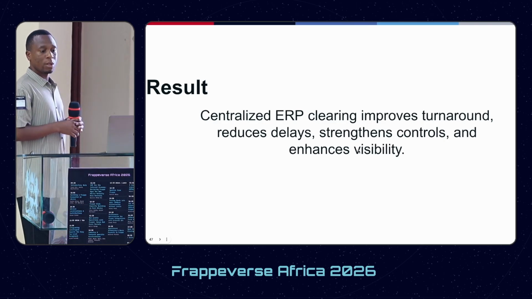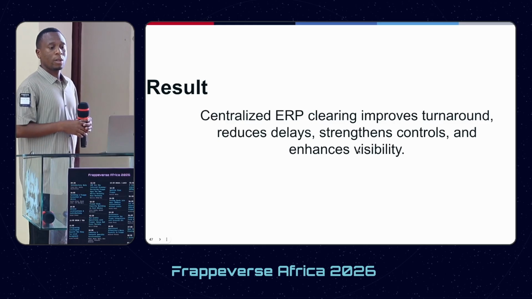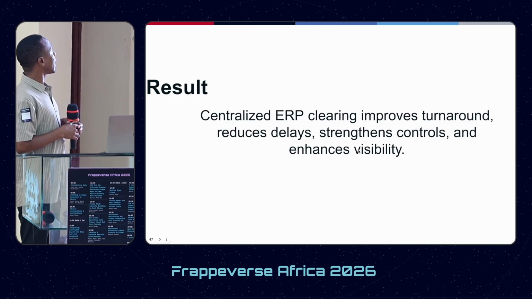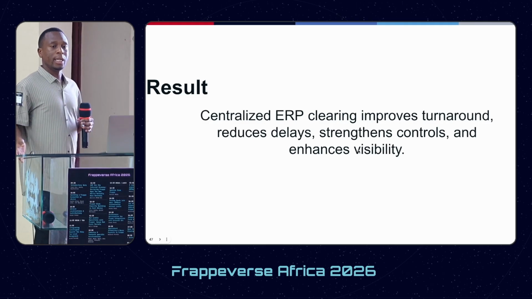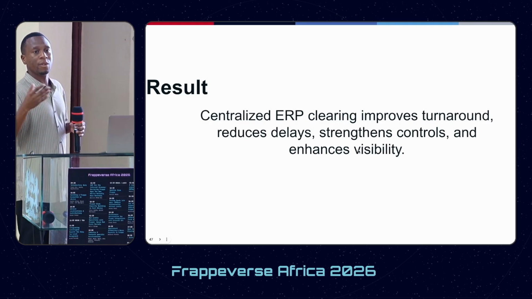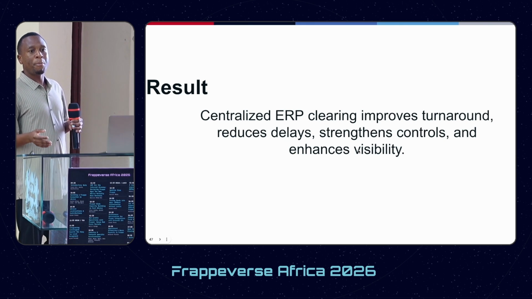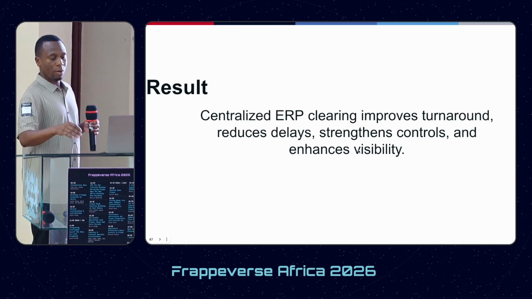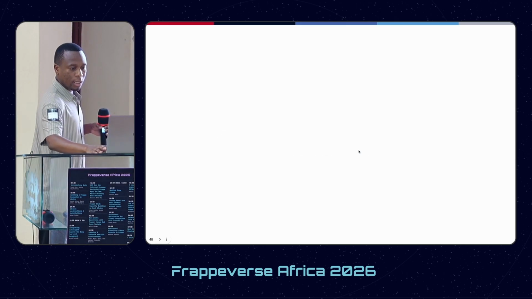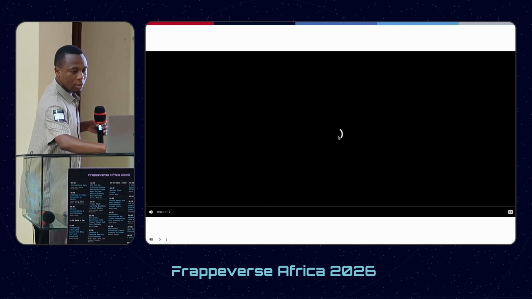Therefore, the clearing and forwarding helps in the visibility of data. You can also track your payments and other charges in a single file. So here I have a short video of it.